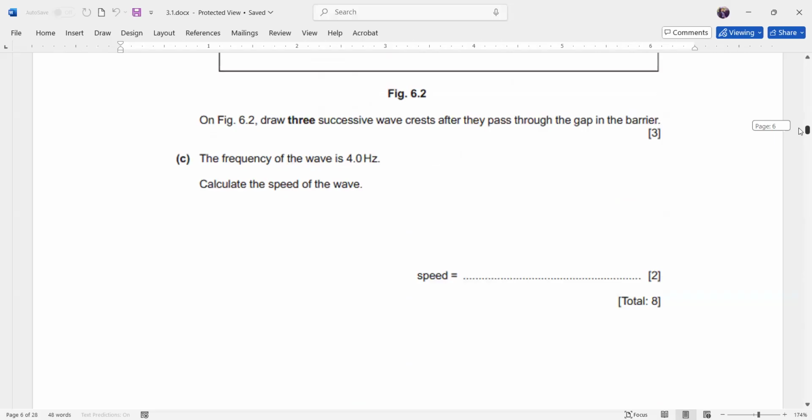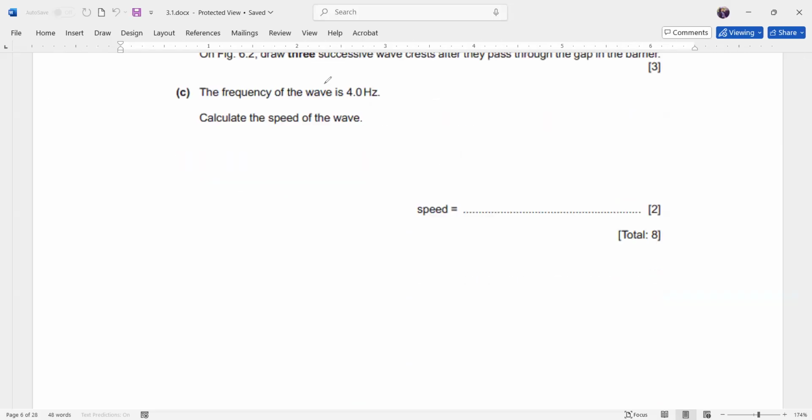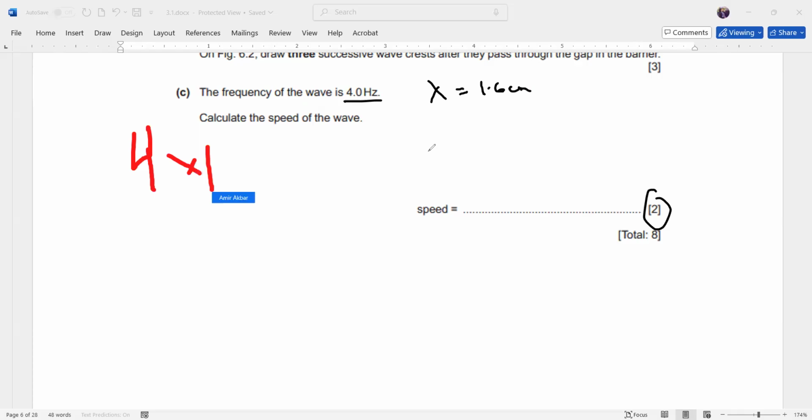The next is: the frequency of the wave is 4 hertz and the wavelength is 1.6 centimeter. Calculate and state the speed of the wave. In physics, whenever you have a 2-mark question, 1 mark is for writing a formula or showing a substitution.